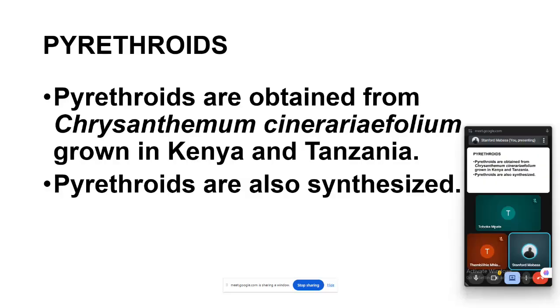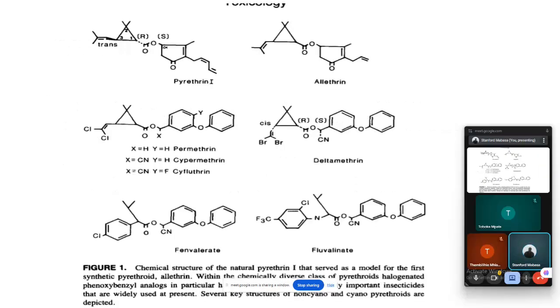This plant can produce pyrethrins, but the pyrethroids can be synthesized to form insecticides. These are just examples of pyrethroids, various types which are used as insecticides.